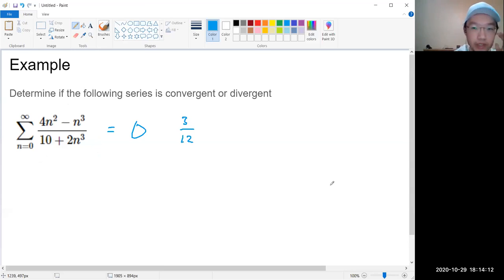Right now I'm just listing the numbers in the series. This one was n equals 0, this one is n equals 1, and now we're doing n equals 2. So this is 16 minus 8 over 10 plus 16.